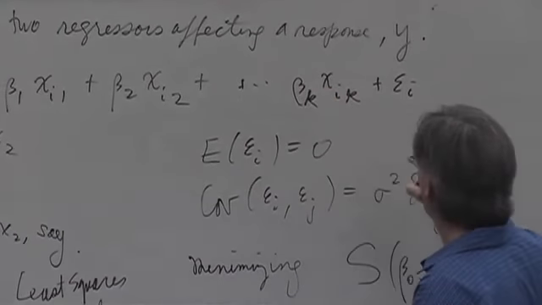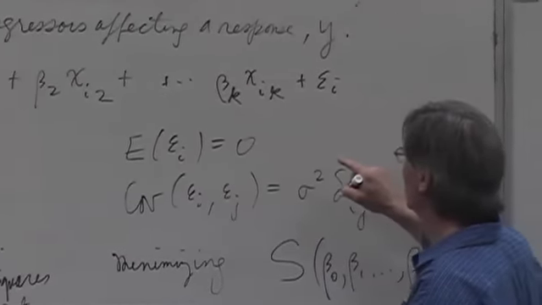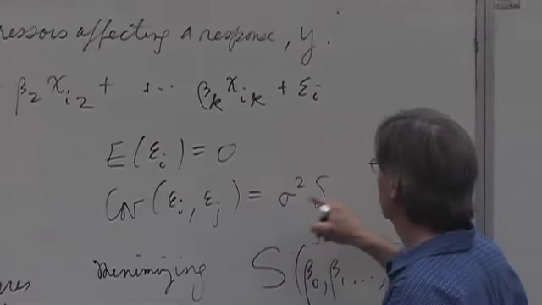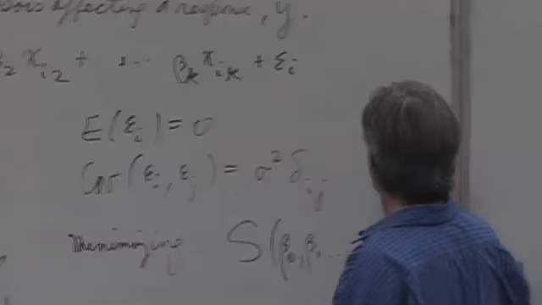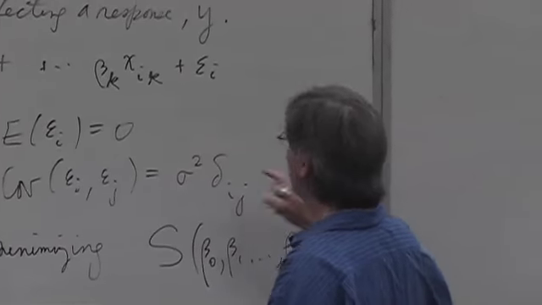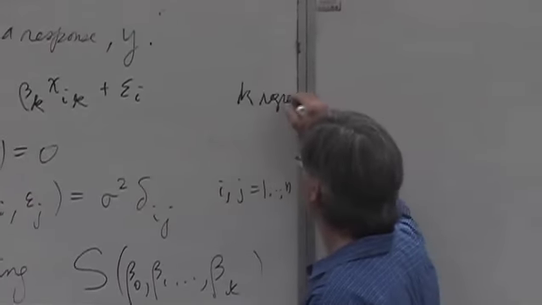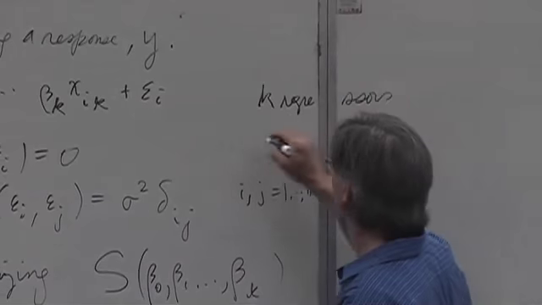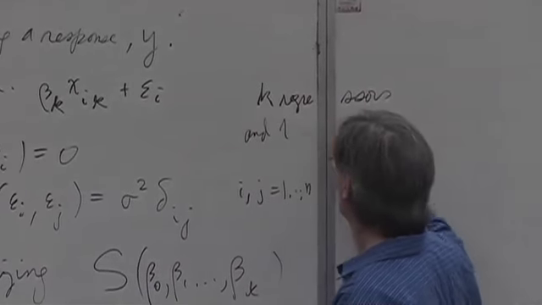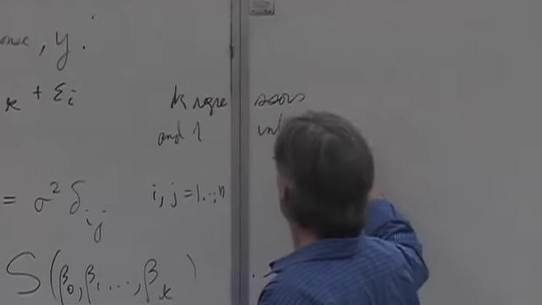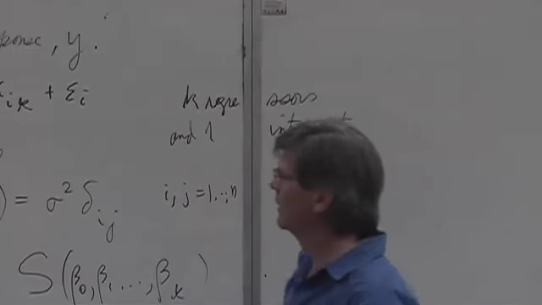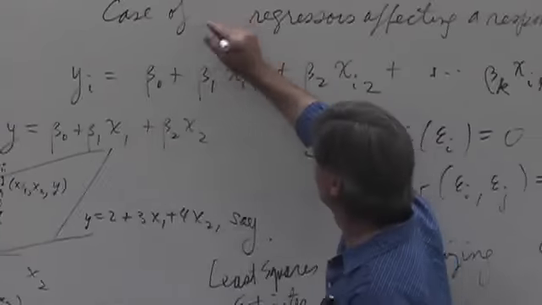The expectation of epsilon i is equal to 0, and i, j goes from 1 to n. But there are k regressors and one intercept in this model.